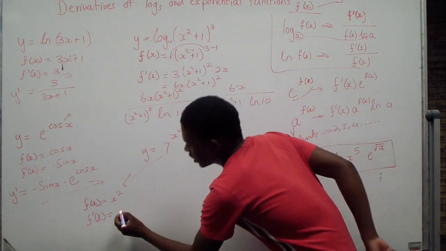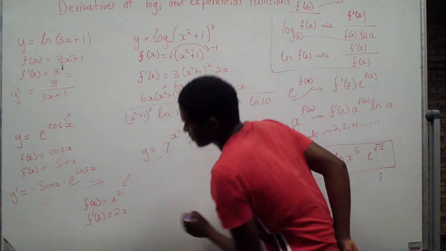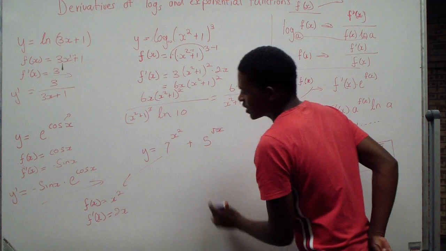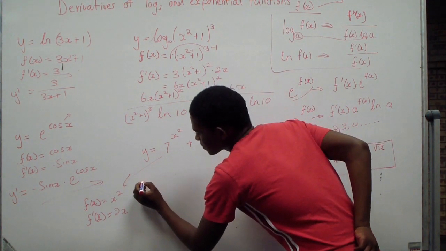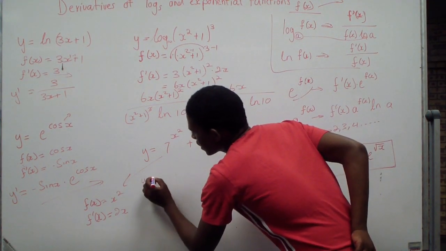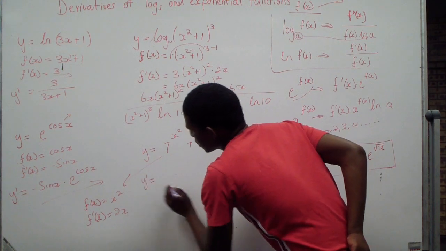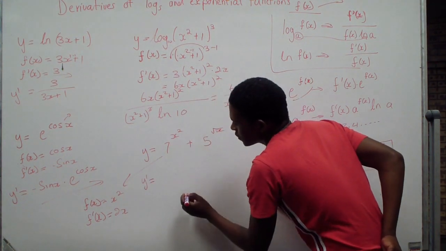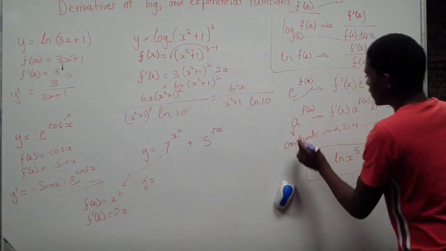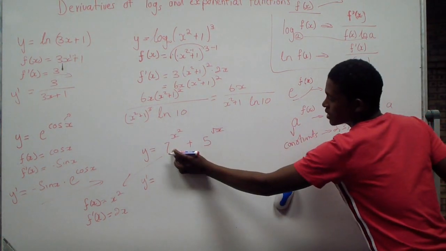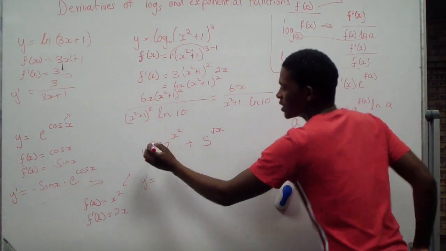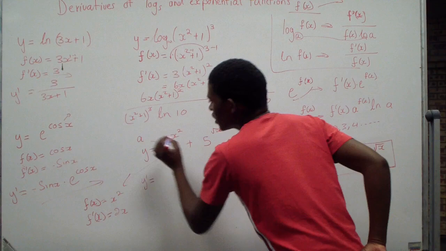So that means here I will say y prime is equal to the derivative of this. Now remember, to derive this, 7 is your a.